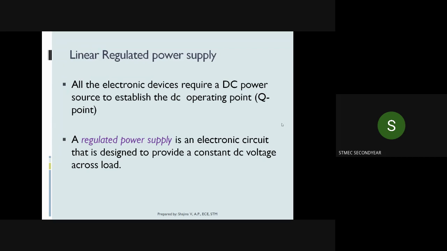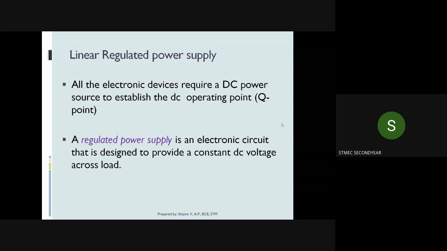So a linear regulated power supply is used to convert this AC voltage into DC voltage of required level, because this DC power source is essential for all electronic devices. A regulated power supply is an electronic circuit designed to provide a constant DC voltage across the load.